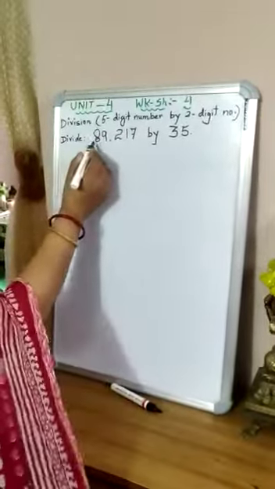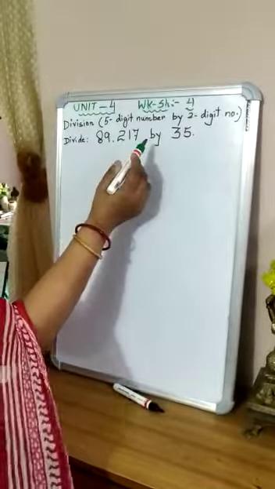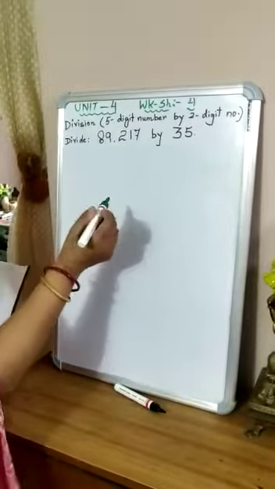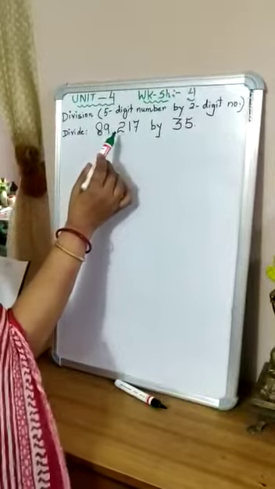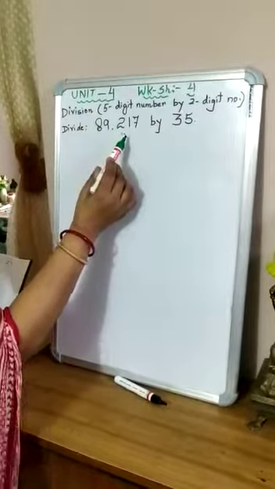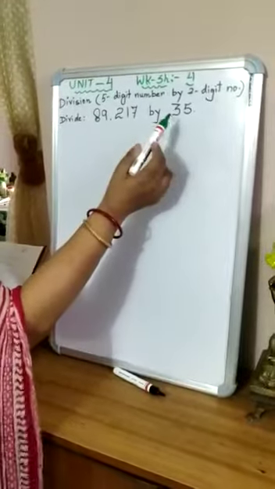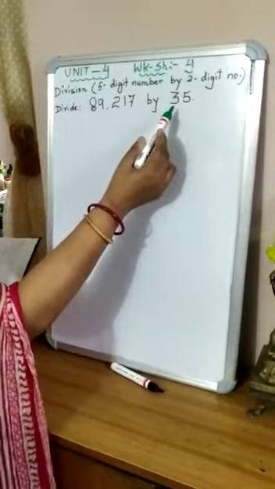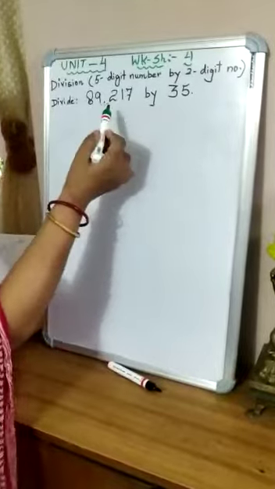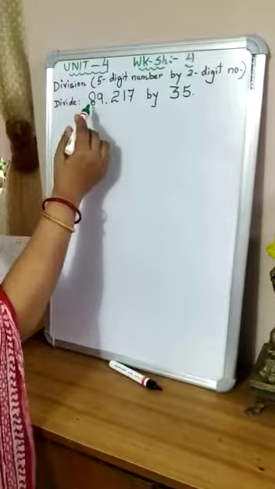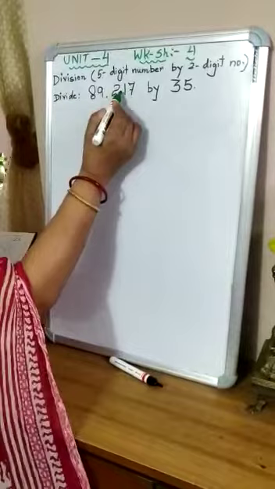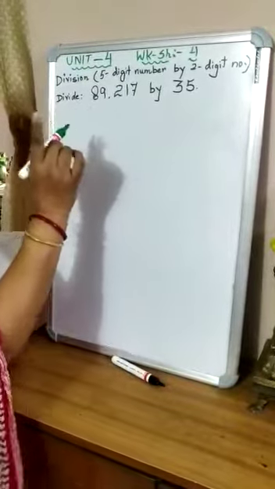Divide 89,217 by 35. Here 89,217 is the dividend, the number which is to be divided, and 35 is the divisor, the number which is used to divide the dividend. The dividend is a 5-digit number.